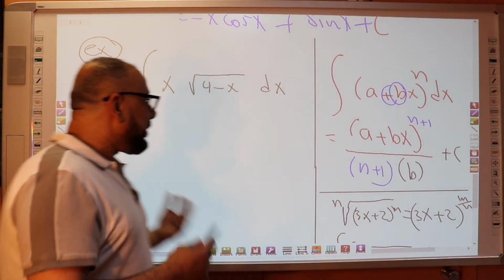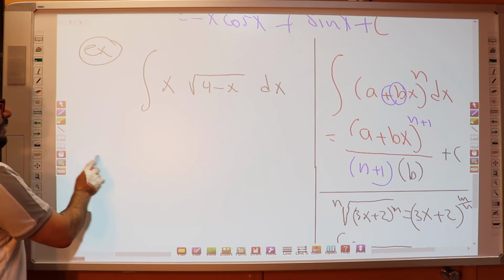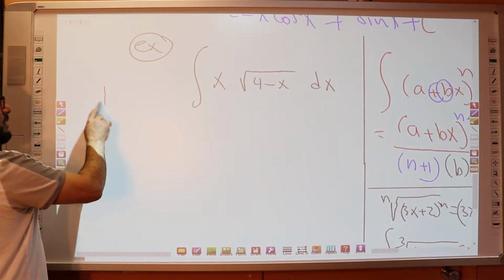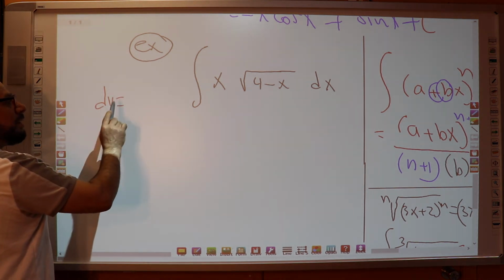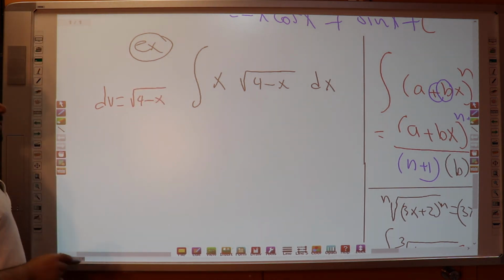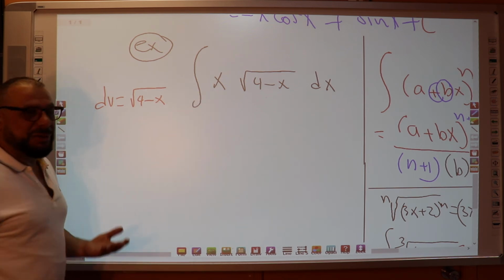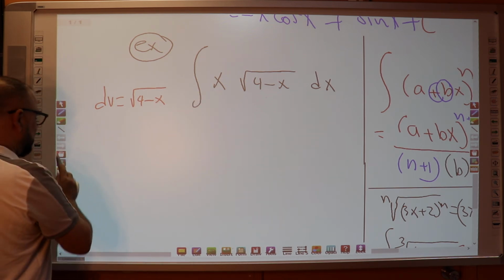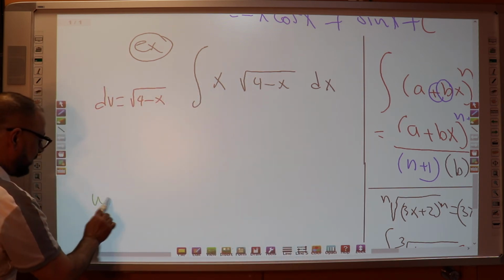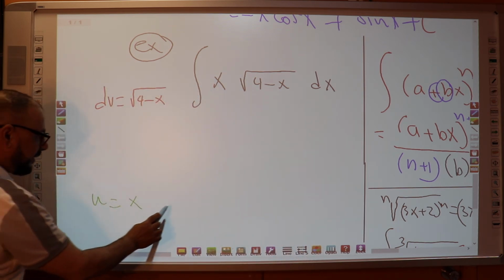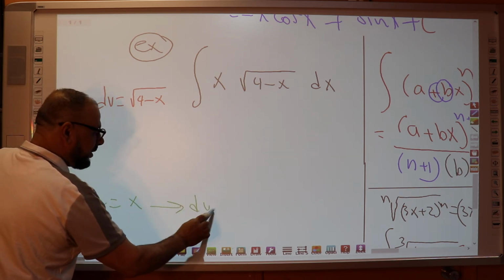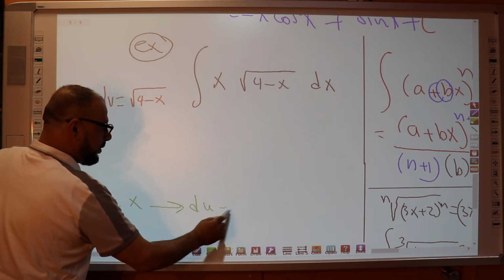But in this problem, the teacher wants me to use dv to be the square root of 4 minus x. Good. Then I have no choice for u. What's my u? It's x. Then du is what? It's dx.